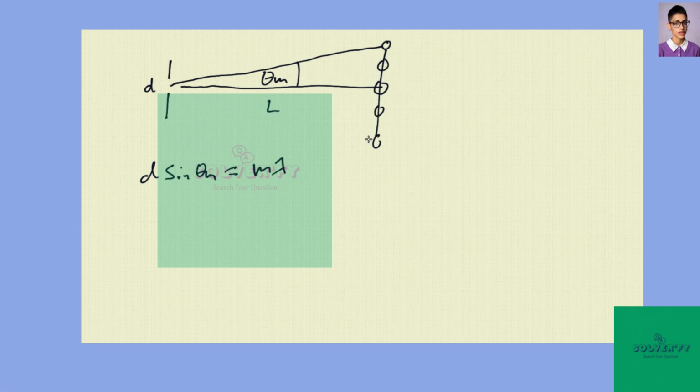You get these bright spots because there's a path length difference between these two slits. When that path length difference is exactly an integer multiple of the wavelength, you get a bright spot because they constructively interfere. So when you're at the mth bright spot, the path length difference is exactly m lambdas.